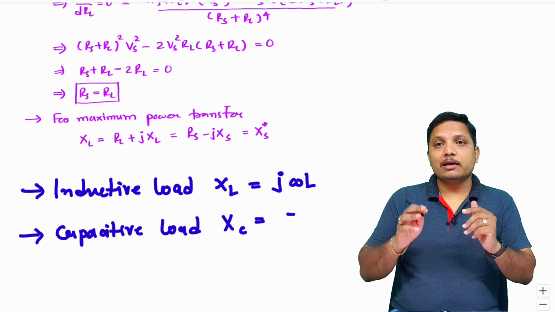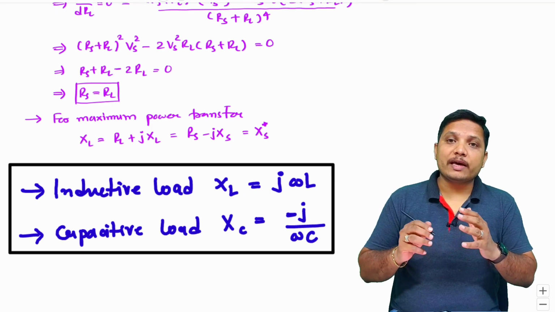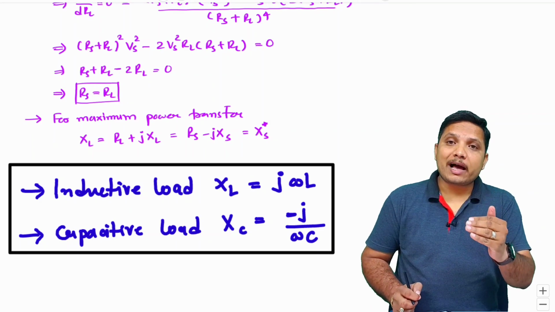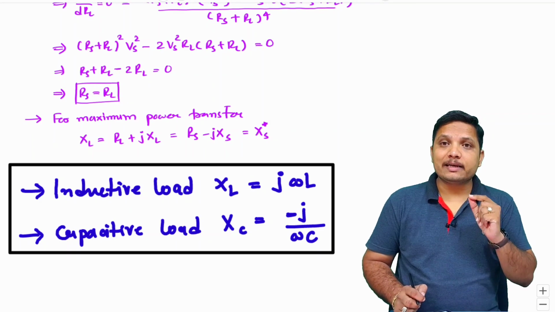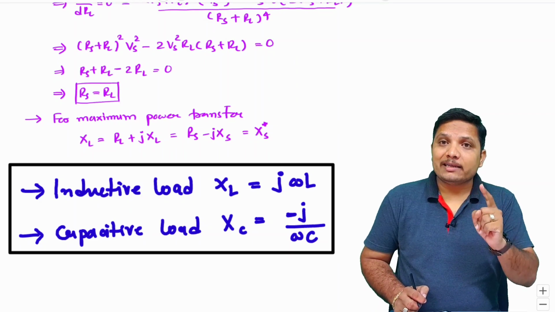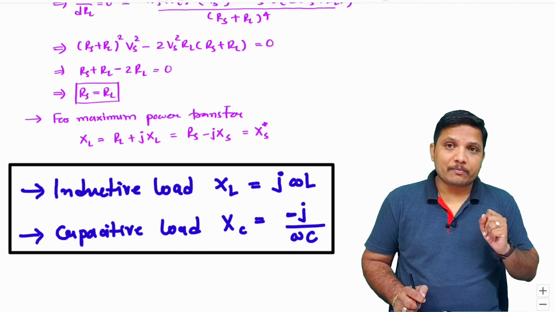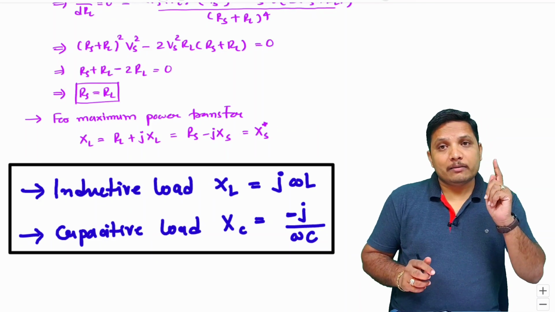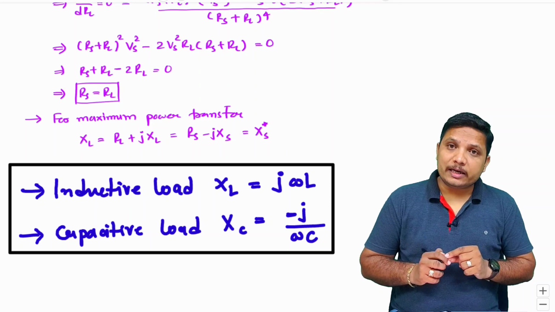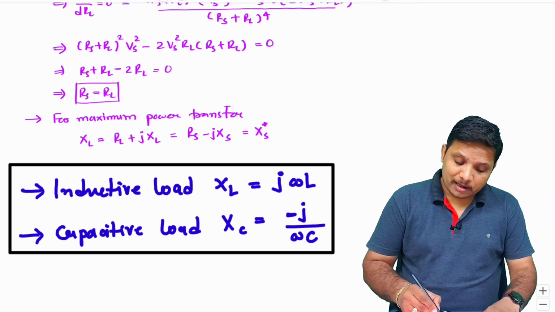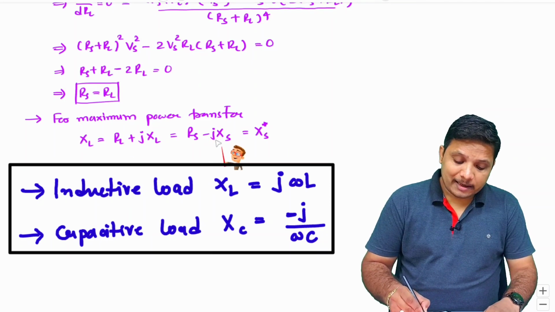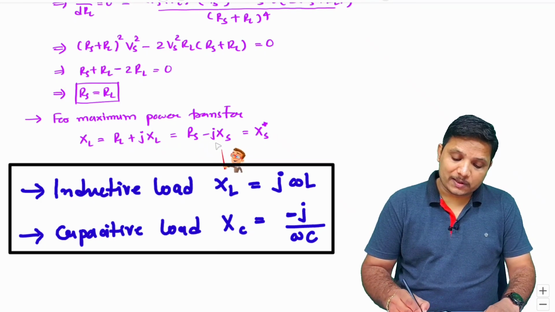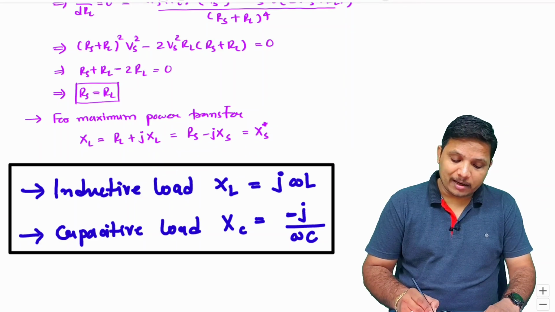So if you see the basic value of impedance for inductance, that will be j omega L, but for capacitance it is minus j by omega C. So capacitive impedance is negative and inductive impedance is positive. So here if your source is inductive, then your load will be capacitive, and if your source is capacitive, then your load will be inductive.